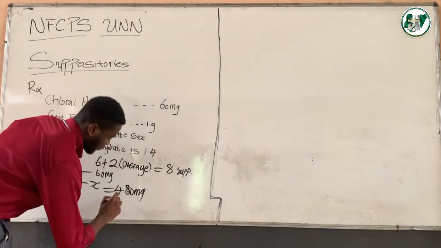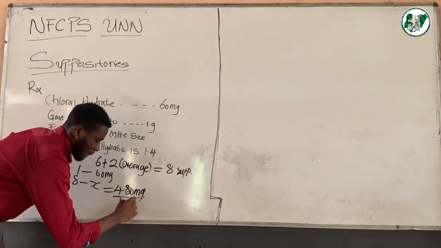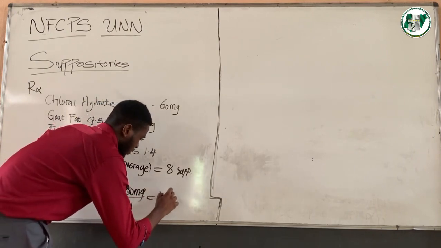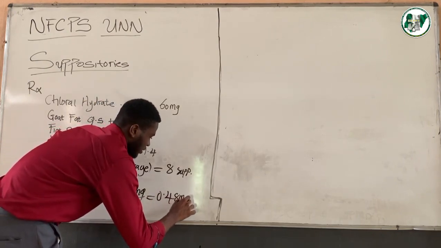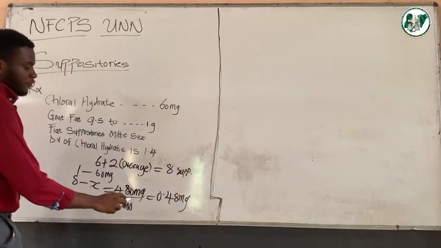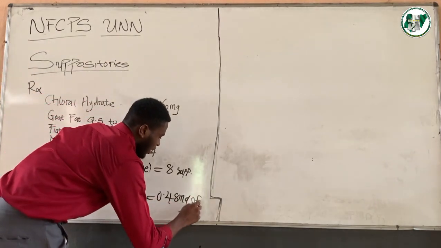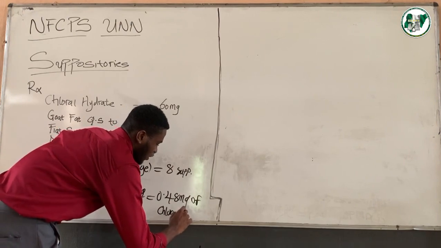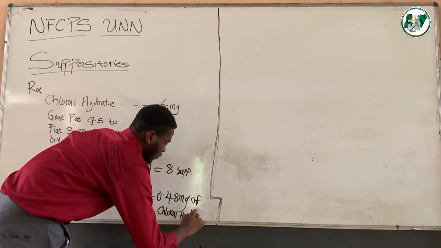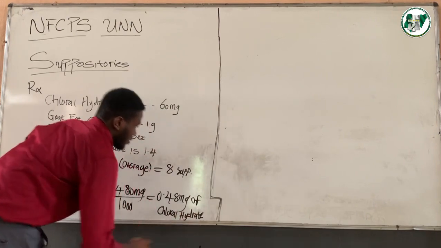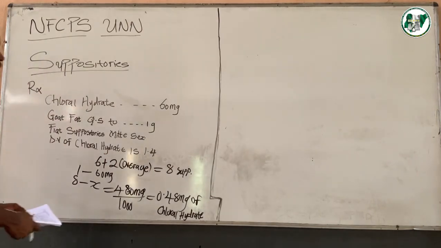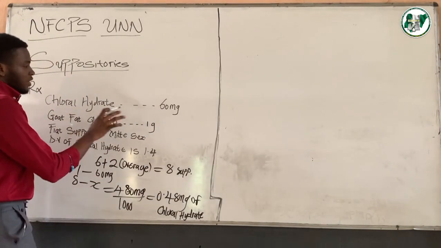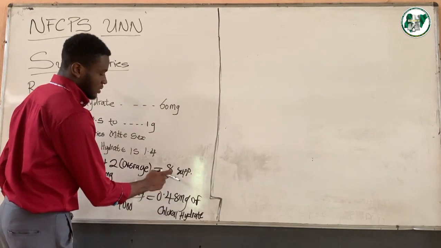Converting this to grams, we divide by 1,000, which gives 0.48 gram. It then shows us that 0.48 gram of chloral hydrate is needed for the preparation of our suppositories. Now we've gotten the amount of chloral hydrate that is needed for preparation of 8 suppositories.